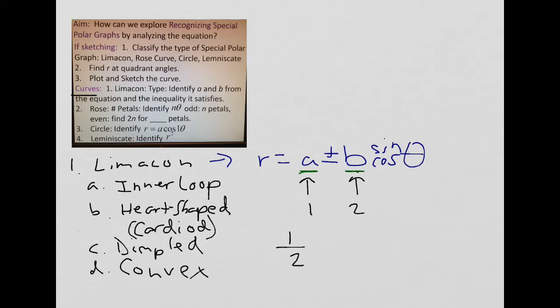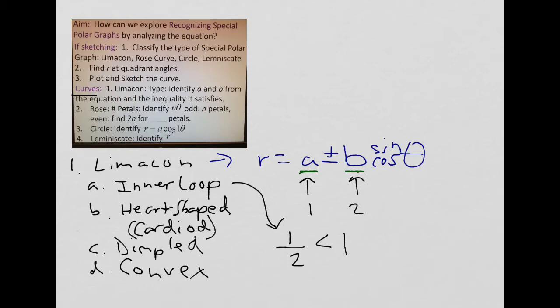Either that is going to be less than 1, and that gives us an inner loop, or it's not. And if it was not, it could be b, c, or d. So we can tell from the equation, if it was 1 and 2, that it was a limaçon with an inner loop. So I can now go a little bit faster.